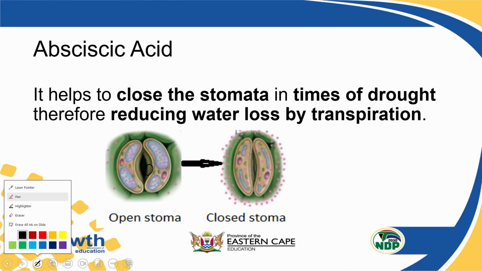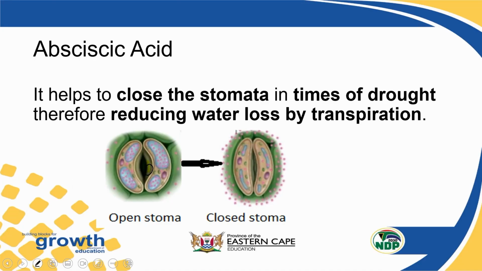You will remember in grade 10, we taught about the structure of the leaf, and we said that the leaf has the upper epidermis and the lower epidermis, and the epidermal cells on the lower side are modified into guard cells. And in between each pair of guard cells, there is an opening that we refer to as the stoma.